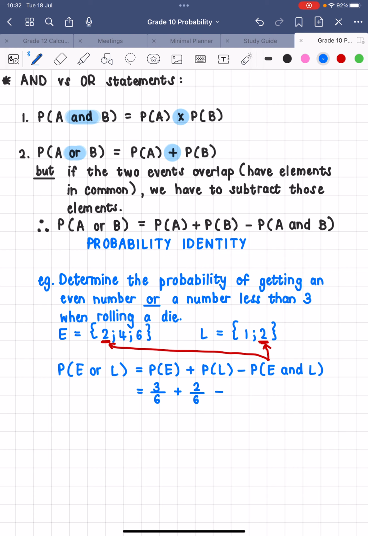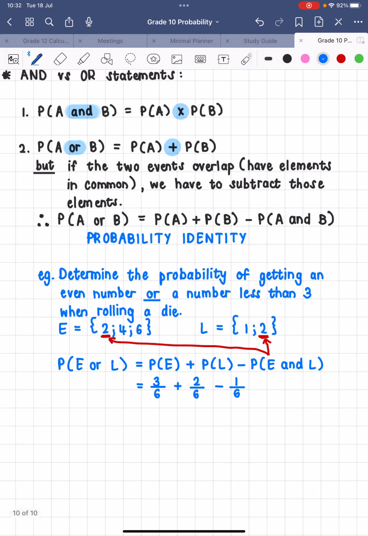So guys, just listen to what I'm saying, what is the probability of the die landing on a number that is both even and less than 3? How many numbers are there that are both even and less than 3? Only 1. So that probability is going to be 1 over 6. So then we end up with our 4 over 6, or you can go straight to the answer, which is 2 over 3.